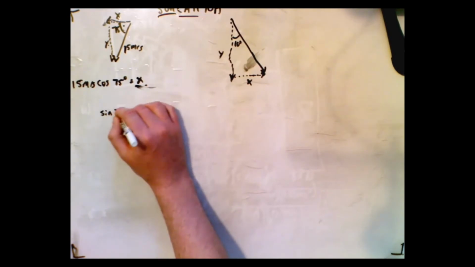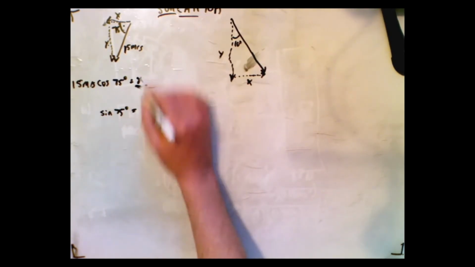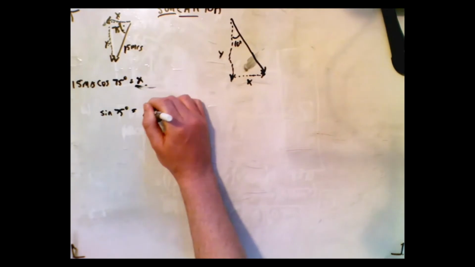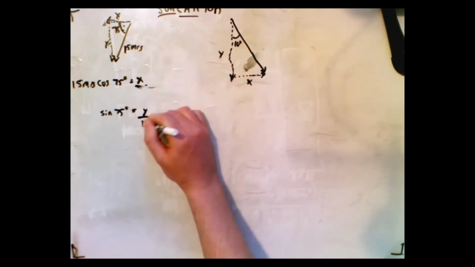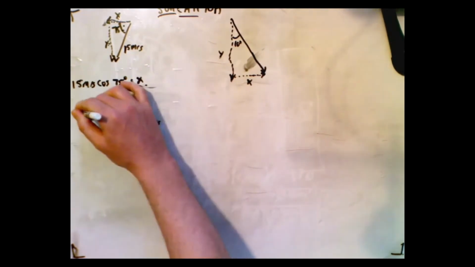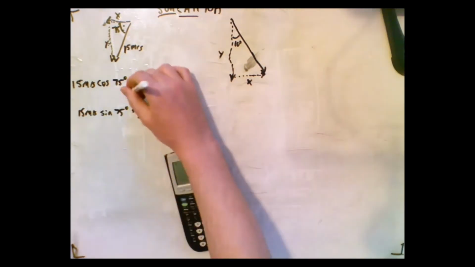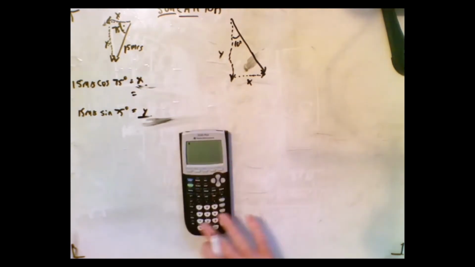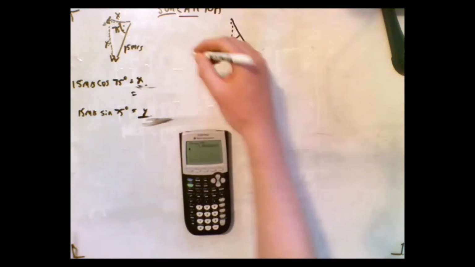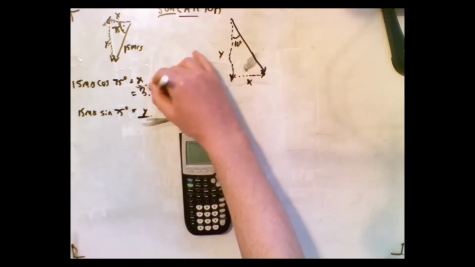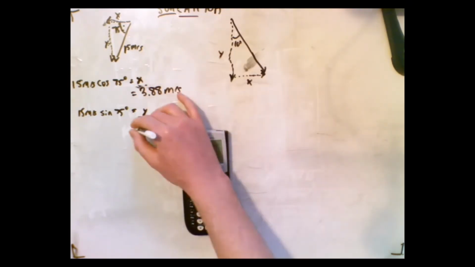So sine of 75 degrees equals opposite, which is Y, over hypotenuse, which is 15 meters per second. And I move that up there. So if I want to find my X component here, I just have to go 15 cos 75, and I get 3.88 meters per second.